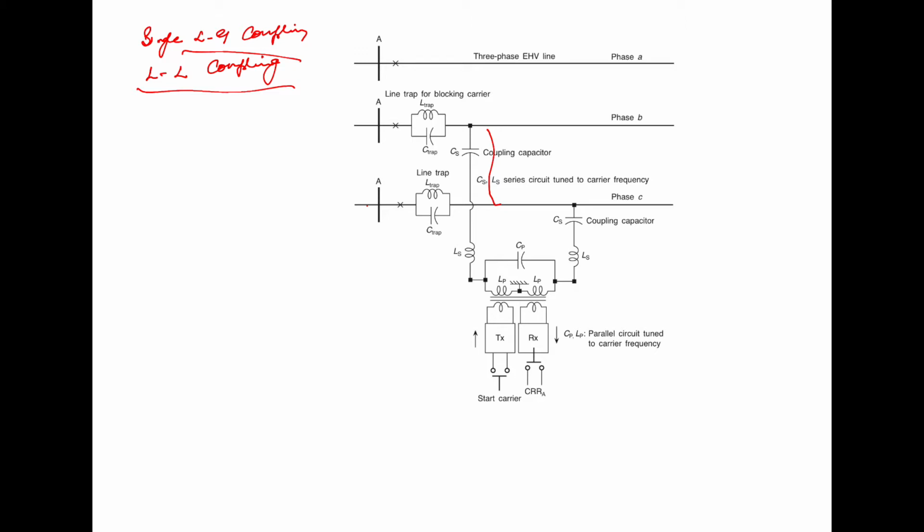This mode of transmission, also known as the aerial mode of transmission, that is line to line, results in much better performance during a single line to ground fault.